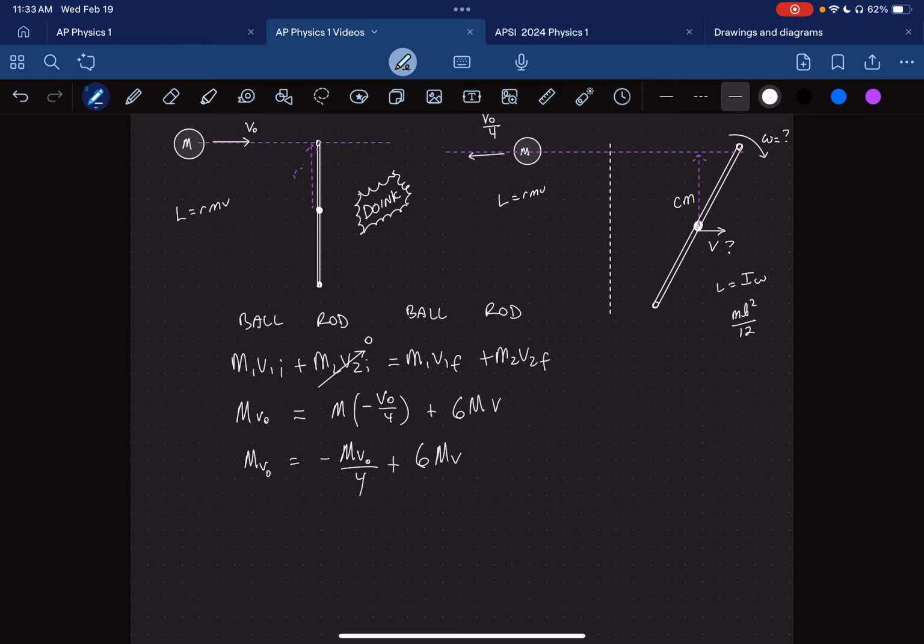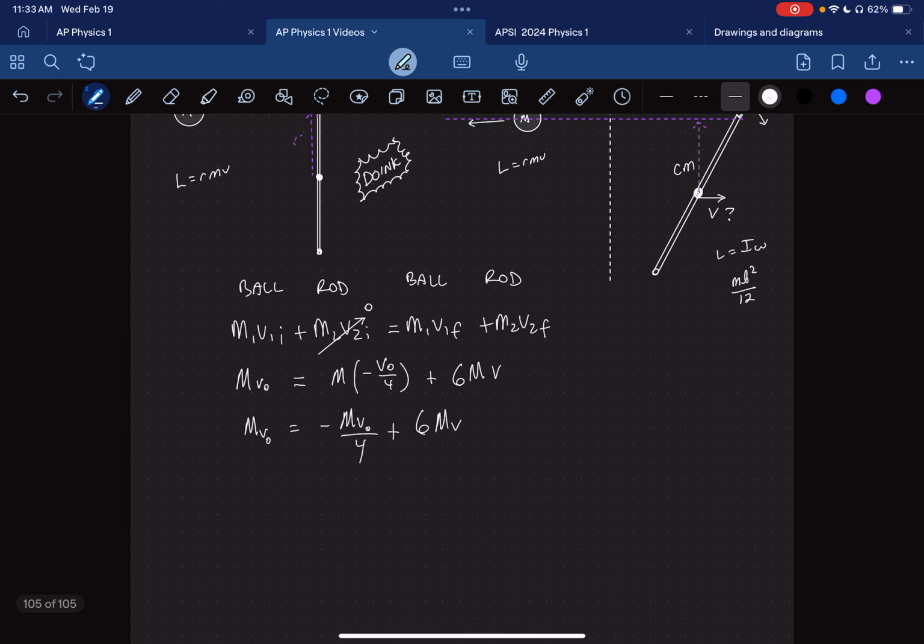Let's just solve this for v. v is not v naught, by the way, so we are not going to cross them out. We can cancel, though, an m. So we have v naught is negative v naught over 4 plus 6v. Let's add v naught over 4 to both sides. A v naught plus a 1/4 v naught is 5 v naught over 4 equals 6v.